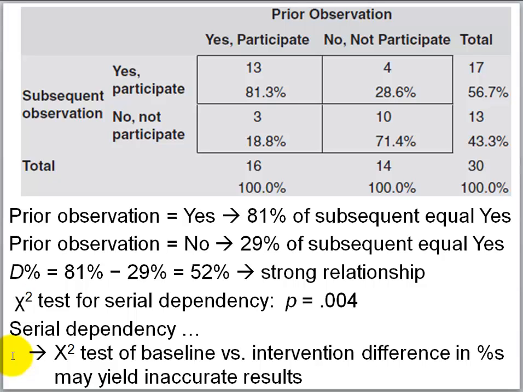And it is very difficult to know whether you've got serial dependency because usually you're dealing with a small number of observations in single case design. So this is a tricky issue. I think the best pragmatically you can do is go ahead and carry out your appropriate test of the pre-test, post-test difference, and then as you write up your report, you might write that one should consider the possibility of serial dependency in interpreting the findings.